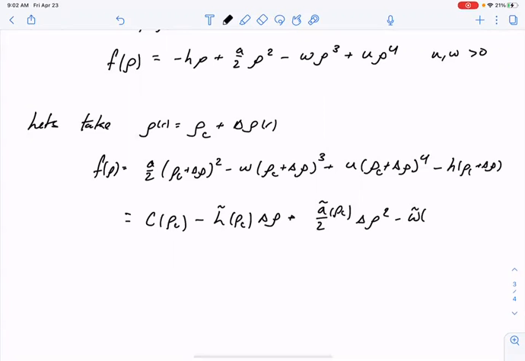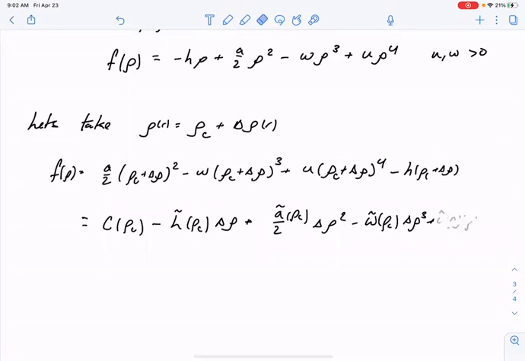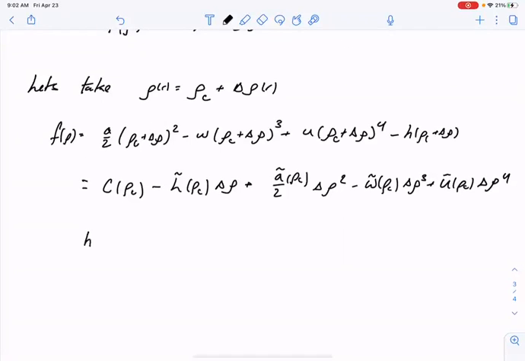Similarly, like so. So what are those coefficients? This constant term, we don't care about. Let's just get rid of it. That's just renaming our zero of energy. It doesn't change with different field configurations, so it really is irrelevant.